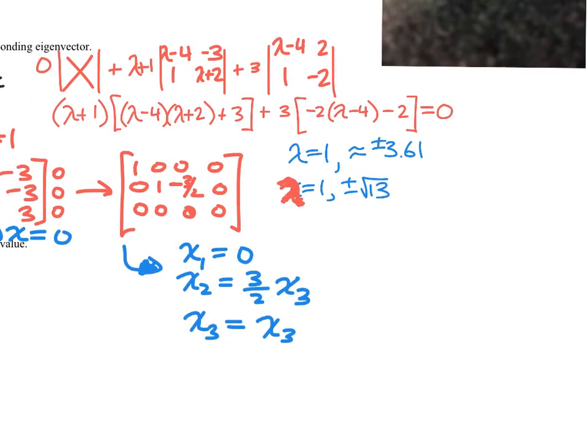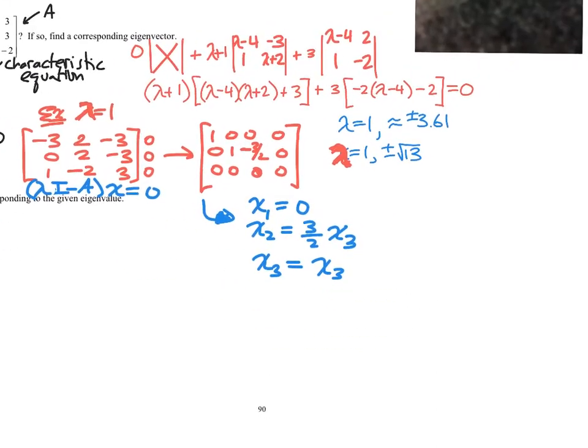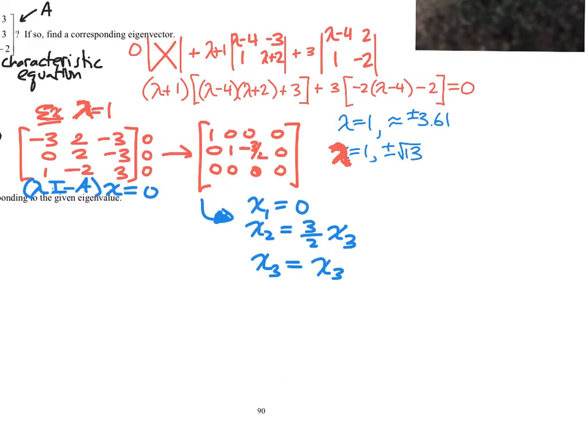And so what we're going to get as a final result here for this particular eigenvalue, we will get the corresponding eigenvector x equals x sub 3 multiplied by 0, 3 over 2, 1.